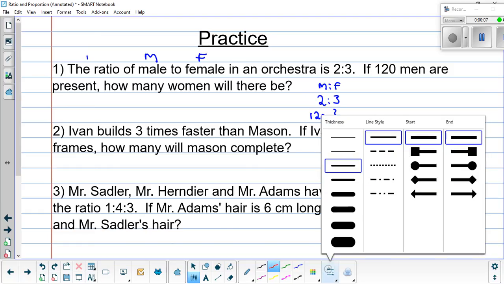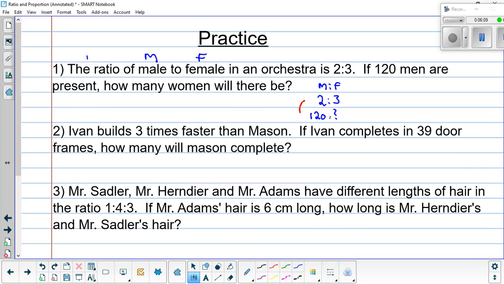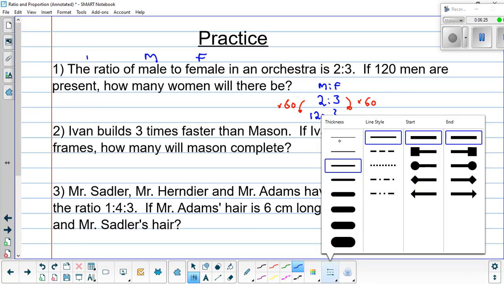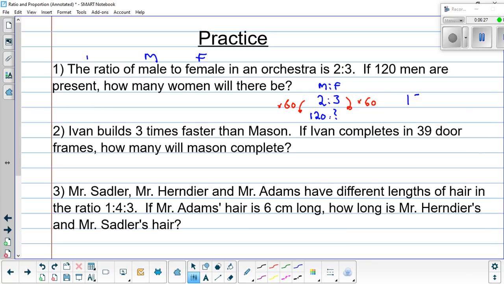I'm going to go 2 to 120 because I see that a lot easier. I see that as times by 60. So whereas it's a big number, it's still a relatively easy number because we can do 3 times 6, which is 18, and add on a 0. So we will have 180 women.